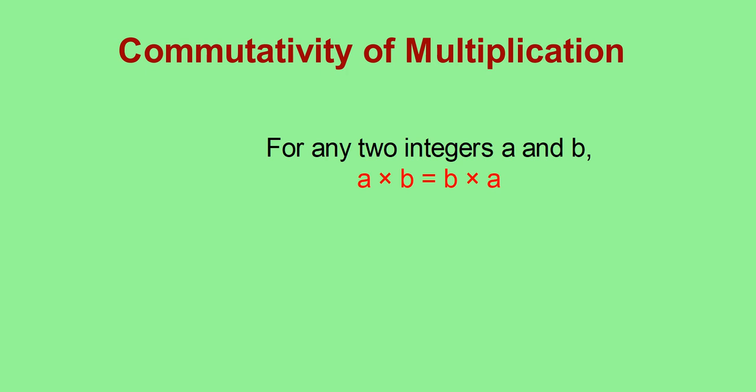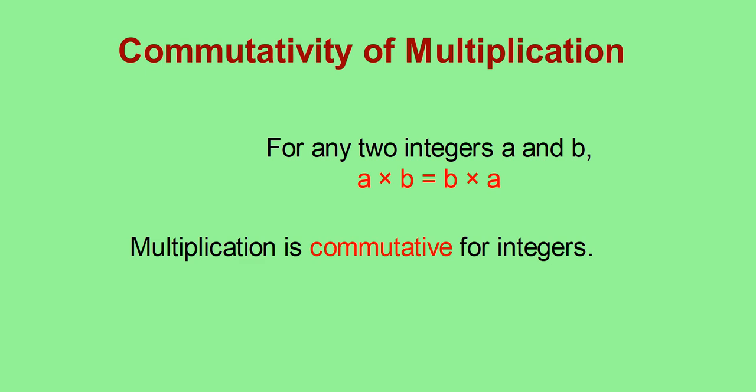So we can state it as: for any two integers a and b, a into b is equal to b into a. Therefore we can conclude multiplication is commutative for integers.